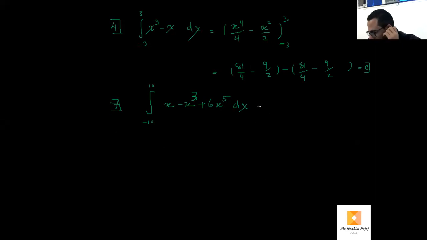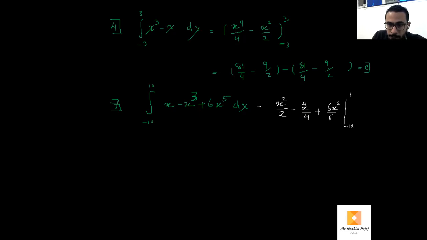So first of all, the integral is x to the power of 2 over 2 minus x to the power of 4 over 4 plus 6x to the power of 6 over 6. Then from -10 to 10, sorry. Then substitute 10 to the power of 2 over 2.